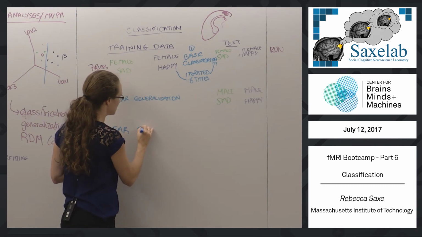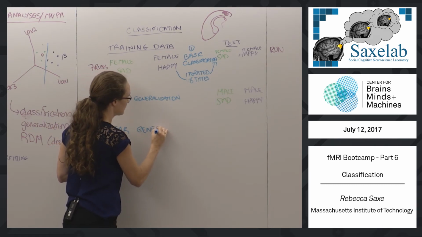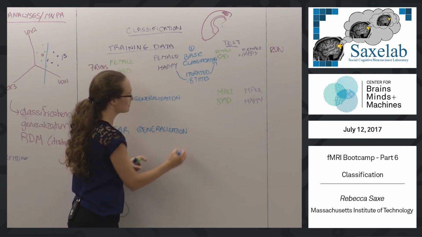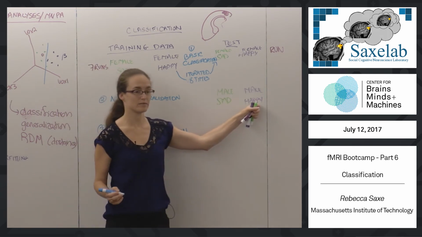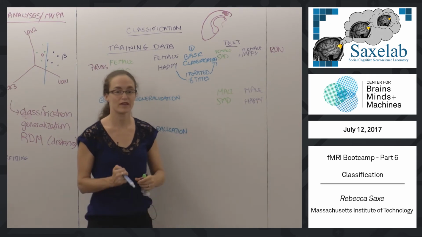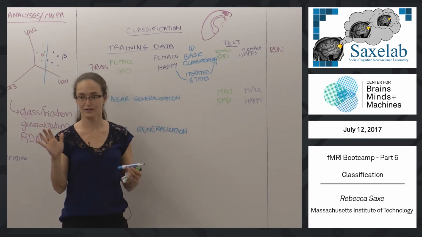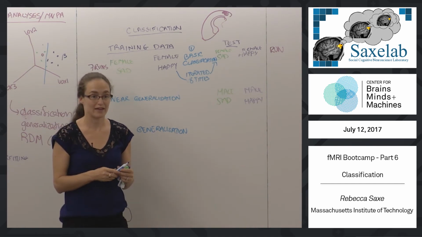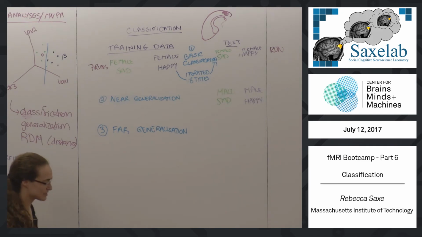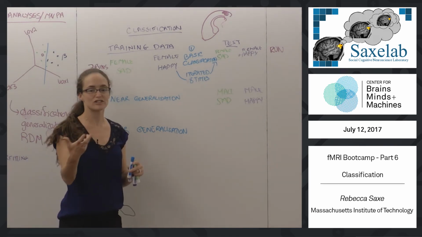what we did to deal with that is also build in a far generalization, by which I mean another set of conditions that we also thought would create the perception of somebody being sad or happy, but now in a way that should be as different as possible in every other way from the training movies. So this is kind of an idea of a stringent test.